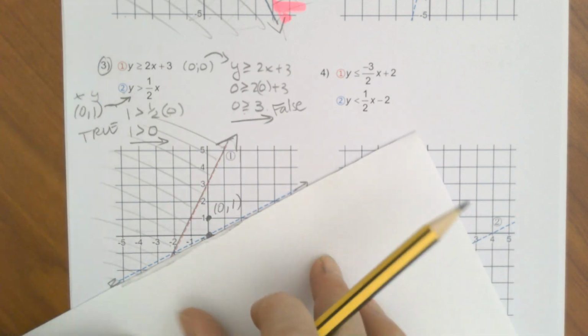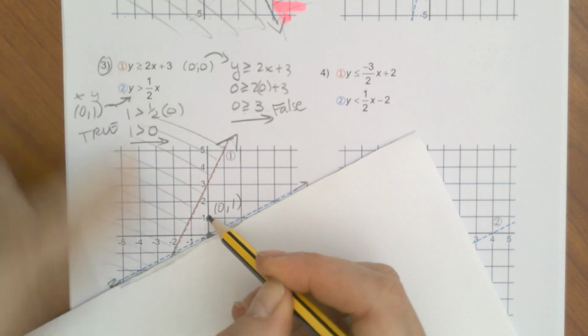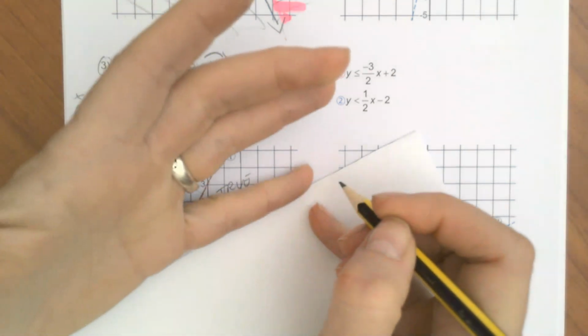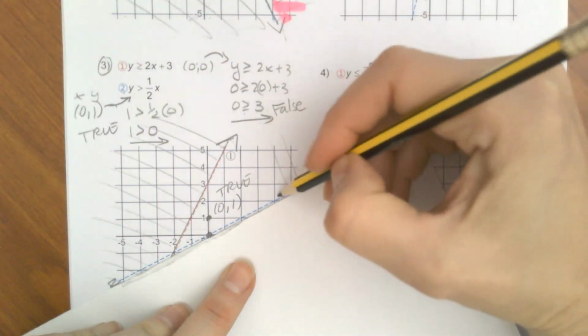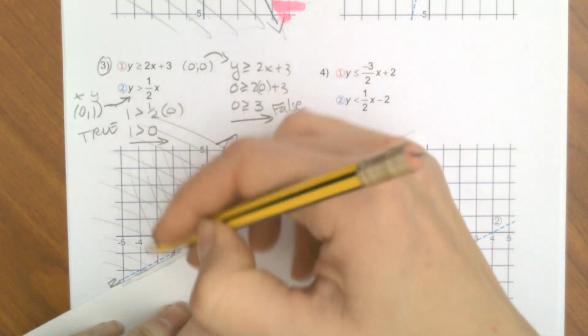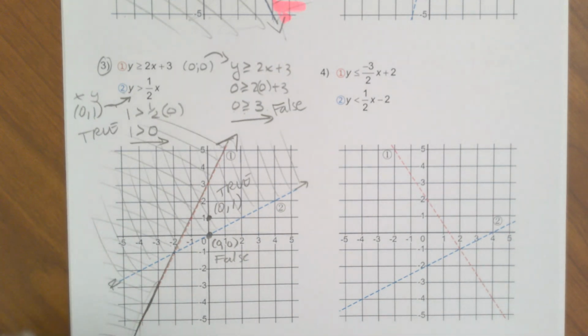Okay? So when I look at this blue line, number 2, when I substituted this point into the inequality, it was true. That means everything on this side of the line is true. So I'm going to shade this side of the line. Now I have to go, what area has been shaded twice?